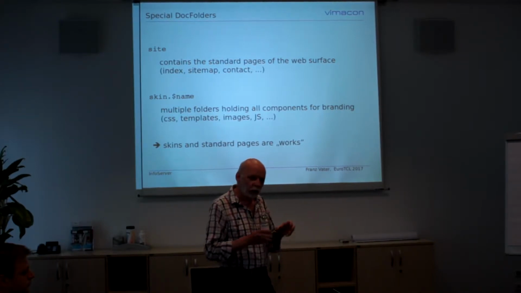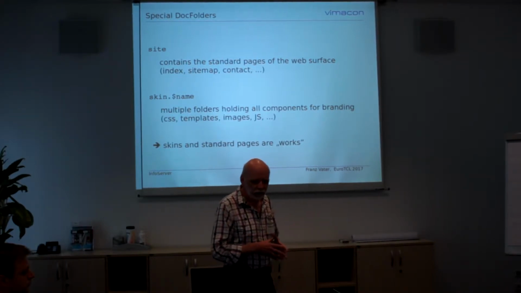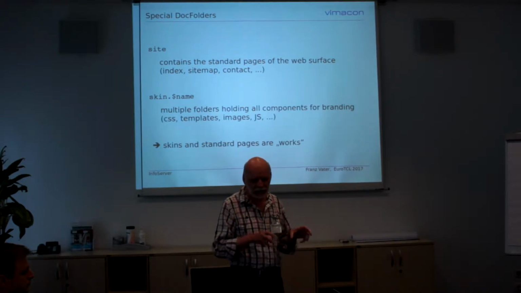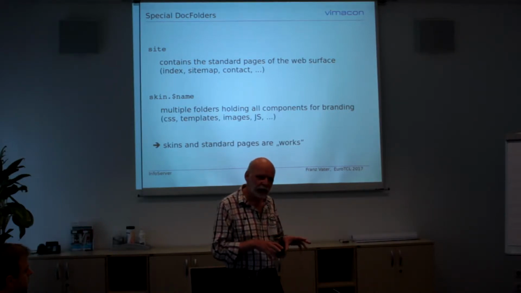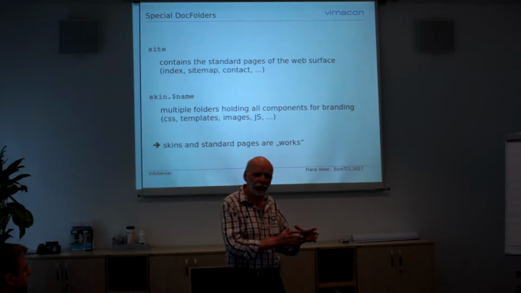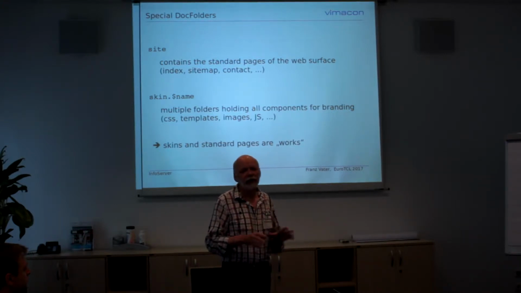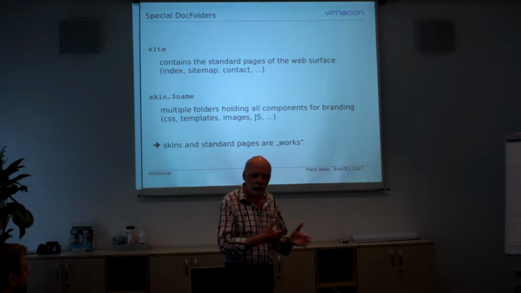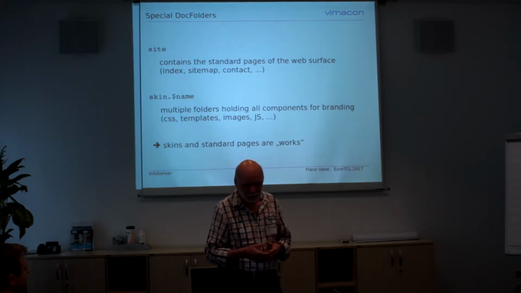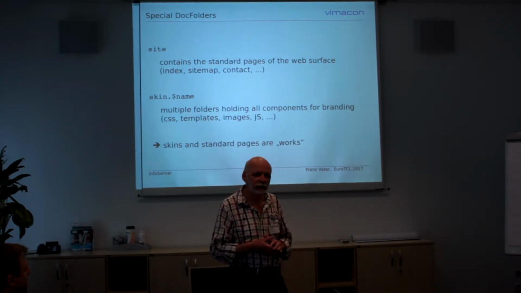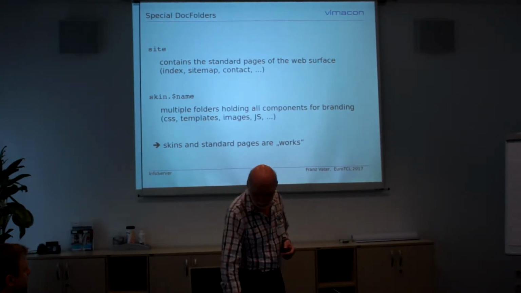And there are one or more folders called skin, dot, and then a name, and that's the name of a skin. That means skins and standard pages are part of the work area. That means your user, if you build a portal with it, would be able to make an own skin. And you can imagine that skins and standard pages, which are selectable, make a perfect branding.